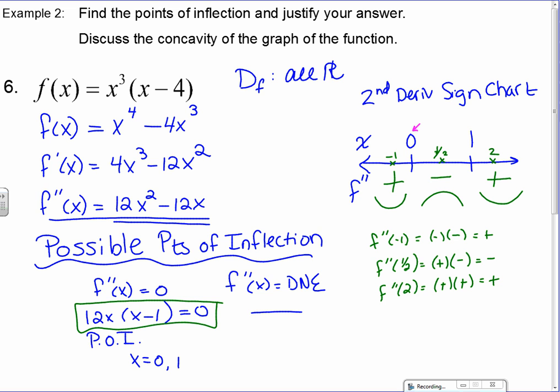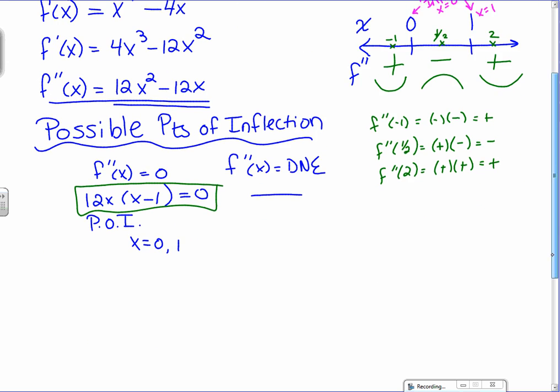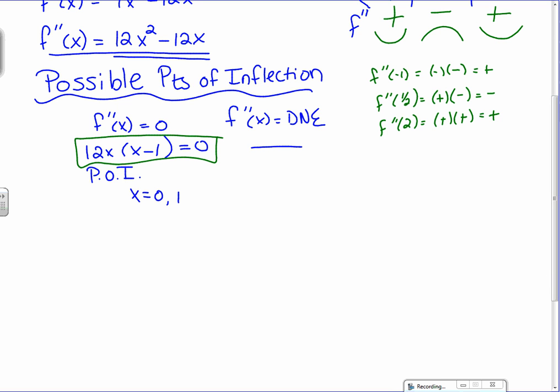So this 0 is a point of inflection, occurring when x is 0, and I have a point of inflection at x equals 1. Now, point kind of implies that it's a coordinate pair, so we could find the y value to it. I'm just not going to do it today.